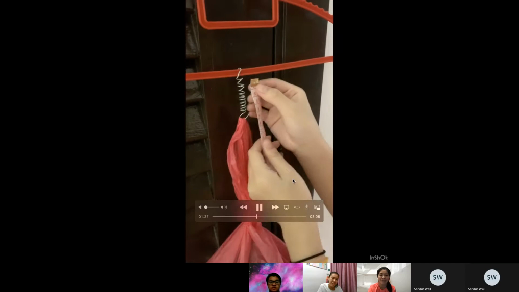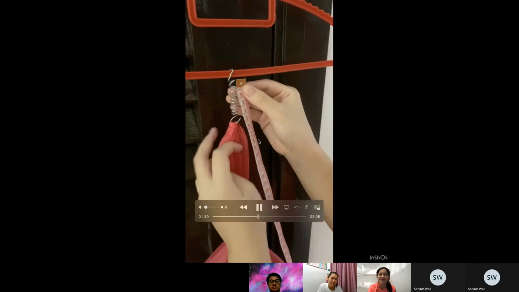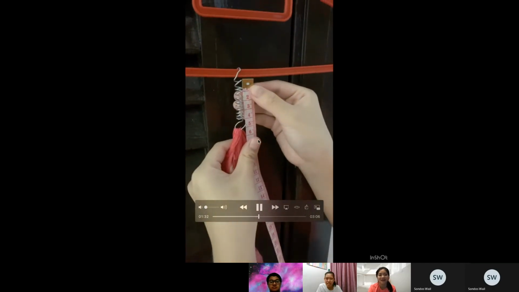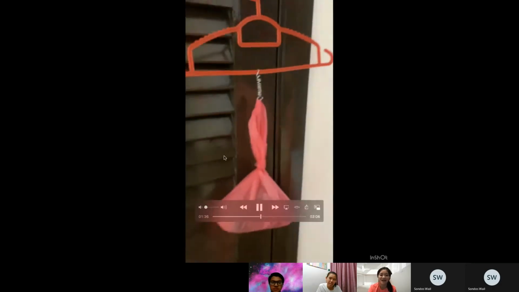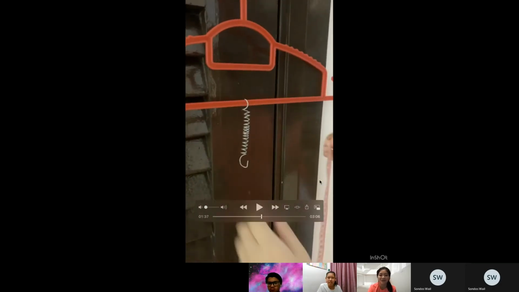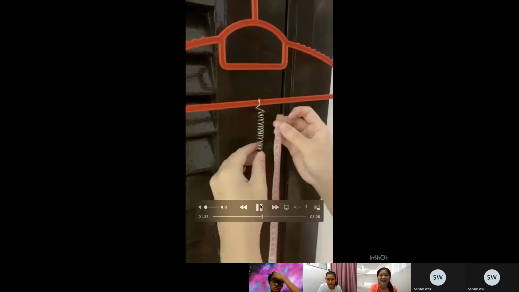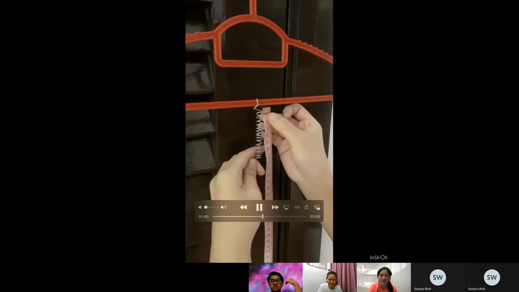Then repeat this procedure 3 times to get the average reading. Then after I lift the load, I realized that the spring will return to its original length. So I repeat it with different length of spring.